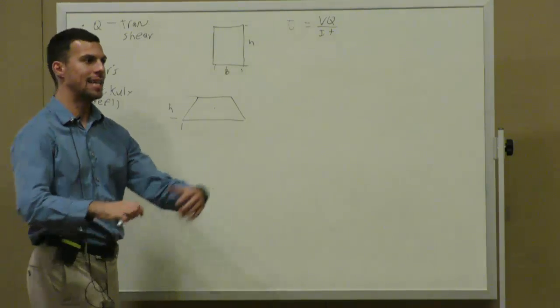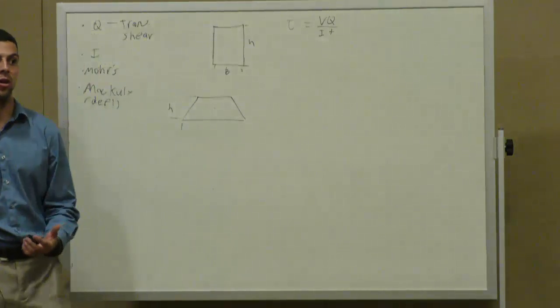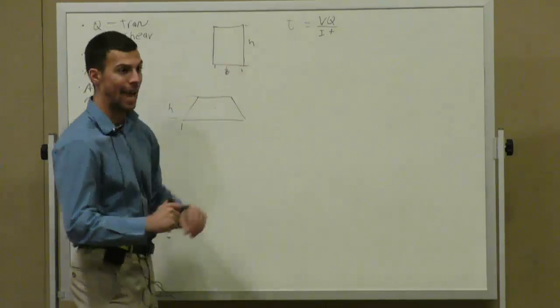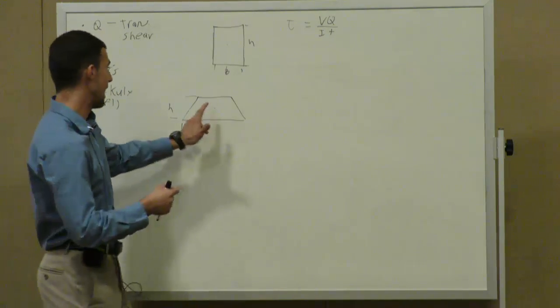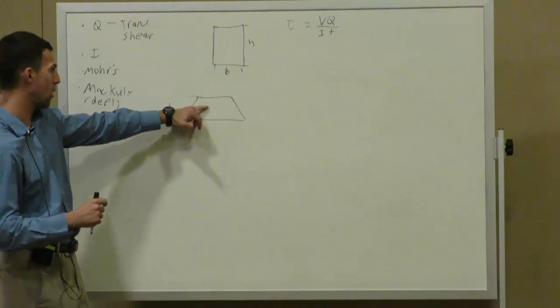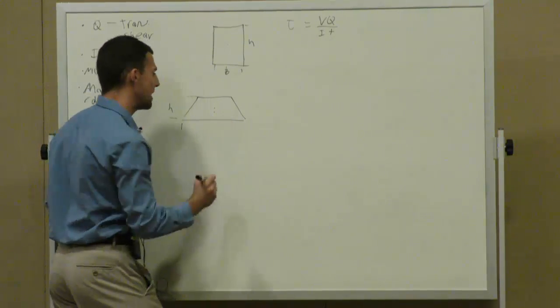Centroid, right, is the center of area. So it may also be called the area center. And that is based on the distribution of area, right? So in a rectangle, center and centroid are the same thing. In a trapezoid, that is not the case. In a trapezoid, there is more area below on this lower half, so it pulls your centroid down a little bit.